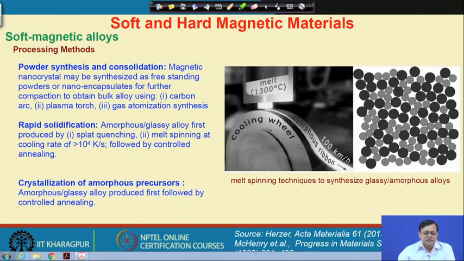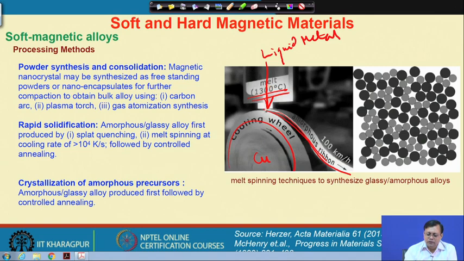Now, the processing method for producing these amorphous precursors mostly lies with the rapid solidification technique, where we take a wheel that is made of copper and we pour the liquid metal into it, for a given temperature, and then the ribbons are produced.